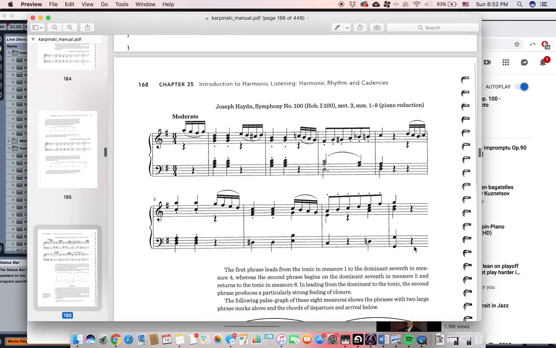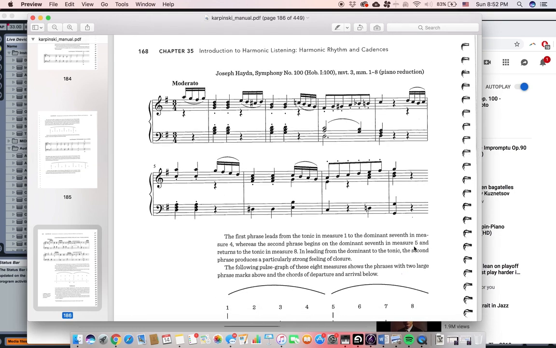Let's turn to later in the chapter where we have Haydn Symphony number 100, movement 3 example. And this is very much like what you'll see on the test. This is a period structure, 2 phrases, antecedent and consequent phrases, with the antecedent ending on some kind of incomplete sound, like a half cadence or perhaps an incomplete authentic cadence, something that sounds incomplete.